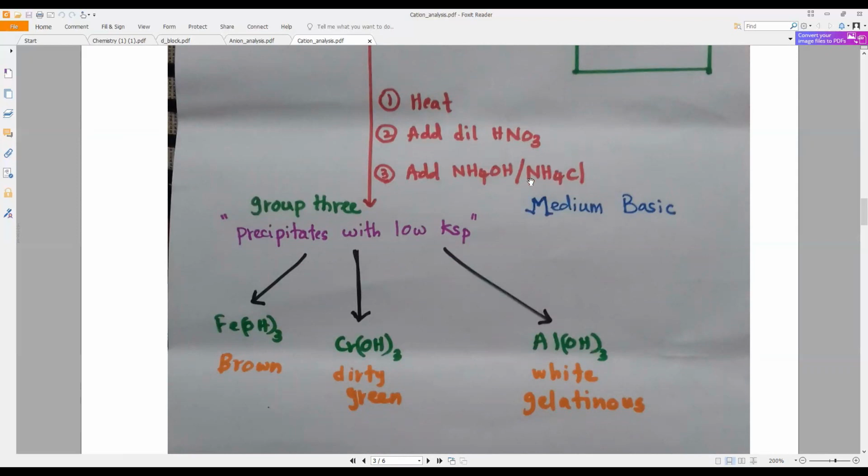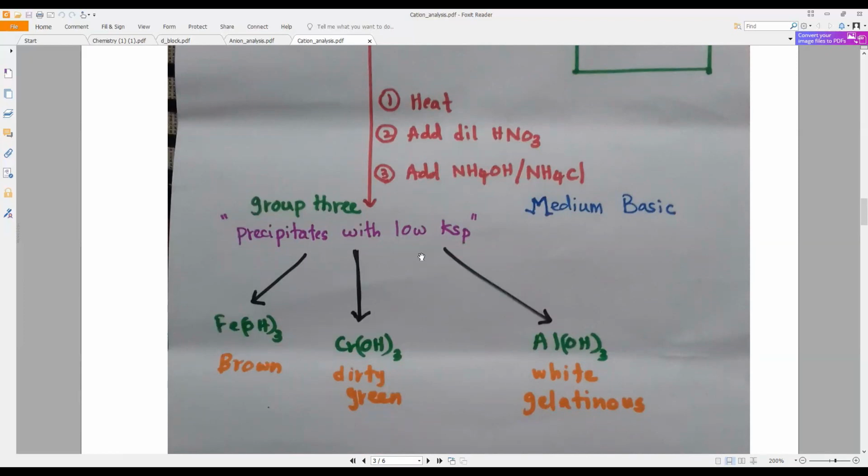The reason why we add ammonium chloride along with ammonium hydroxide in group analysis is to keep the concentration of OH minus minimum. Because when you keep the concentration of OH minus minimum, only the precipitates with low Ksp values will be precipitated. For example, ferric hydroxide, chromic hydroxide, and aluminium hydroxide.